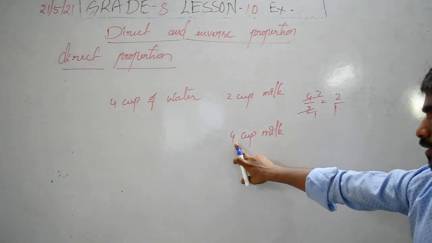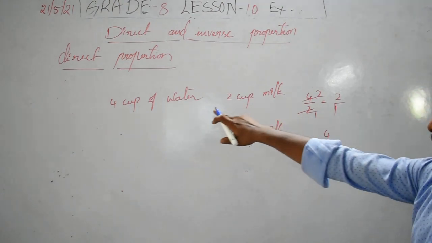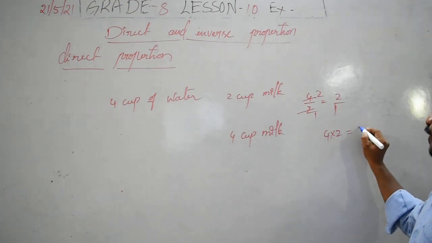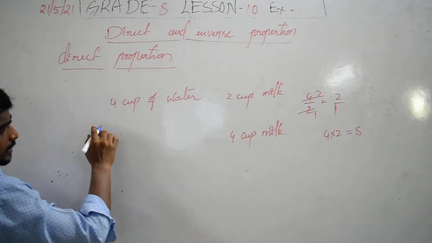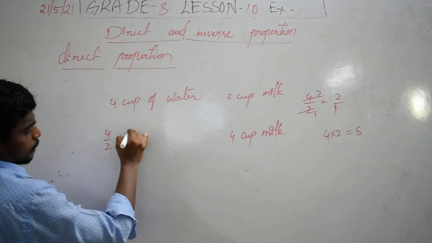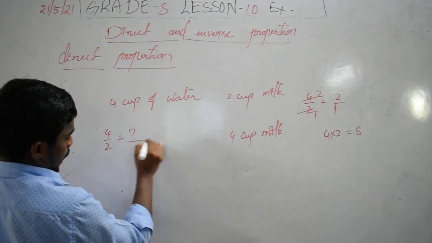Yes. So now here 4 cups milk, how much water does he need? 4 cross 2, 8. Like here see, now this is 4 by 2 equal to, we don't know, water by 4.